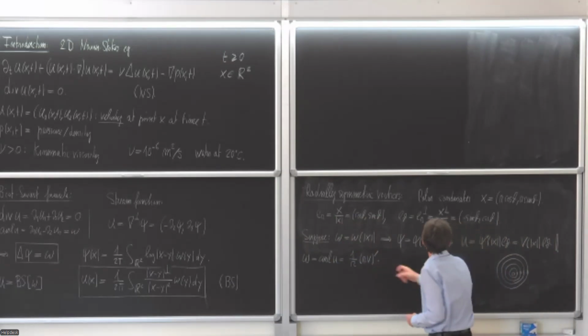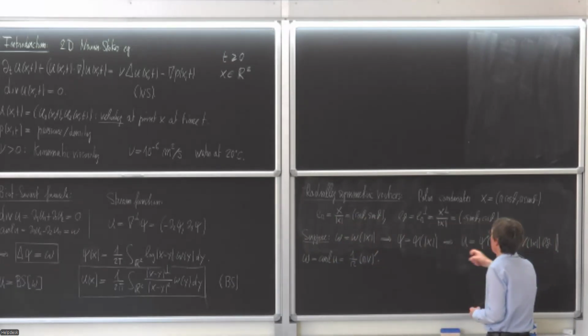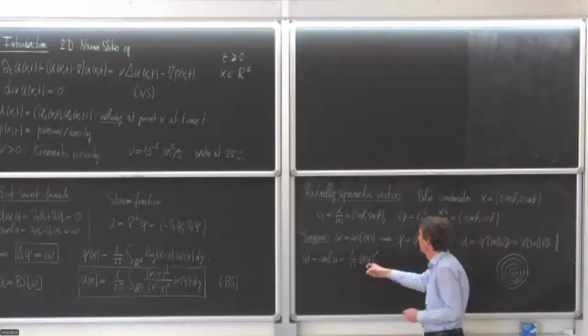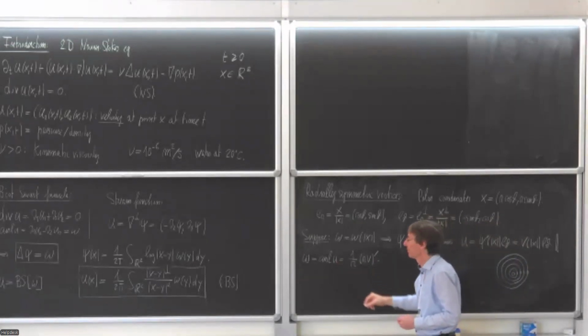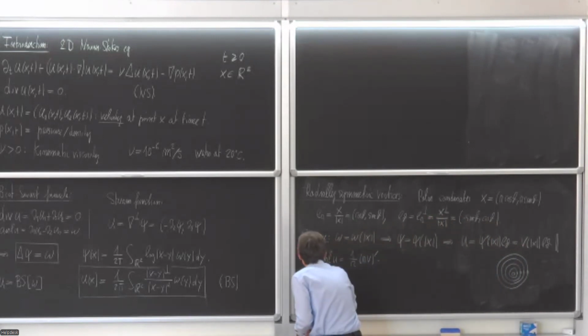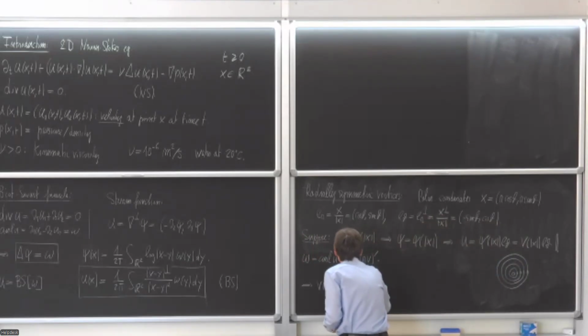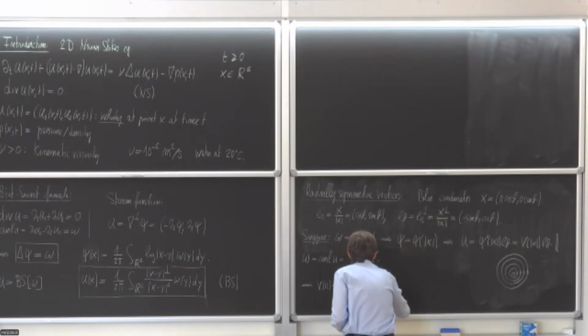For the moment, I didn't say what psi is, nor v, but now I can solve this equation for v in terms of omega, and then you obtain the formula that v of r is equal to 1 over r times the integral from 0 to r of omega of s times s ds.